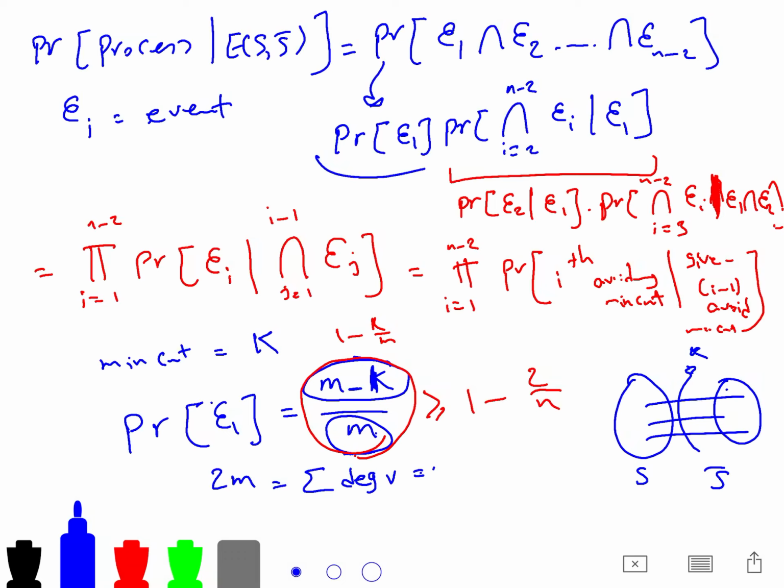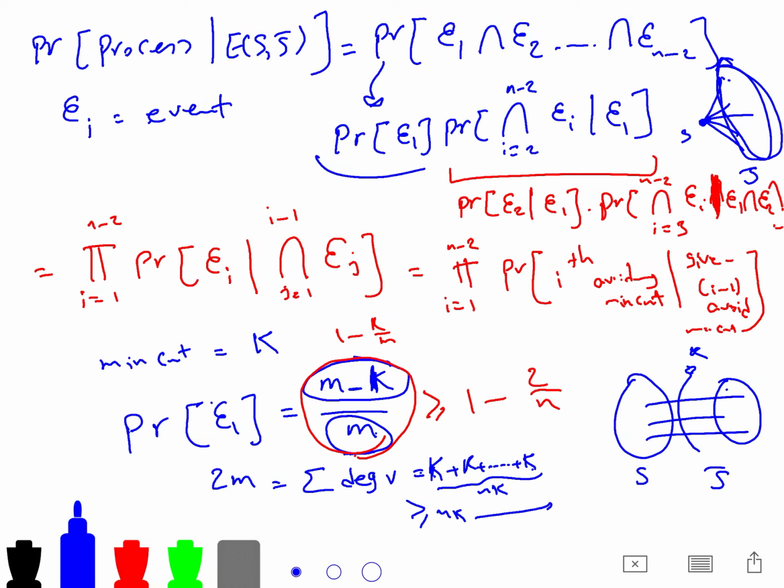We know that the degree of each vertex is greater than or equal to k, the minimum cut. For example, this is one vertex, so the degree of this is greater than the minimum cut, because this could be S, this could be S bar. So the sum of degrees is at least k plus k plus k, and we have n of these, so this becomes greater than or equal to nk. And from this, we can say that k over m is less than or equal to 2 over n.